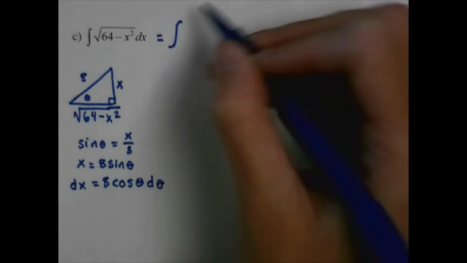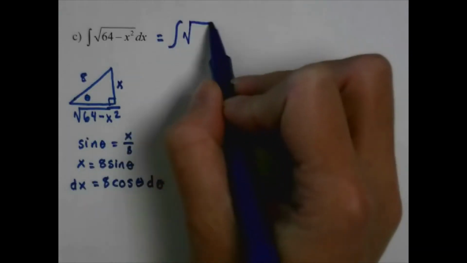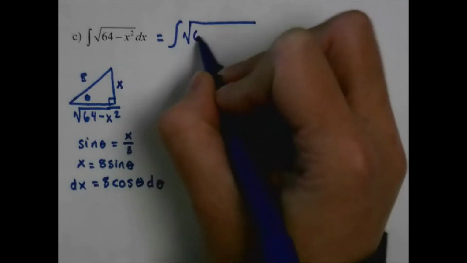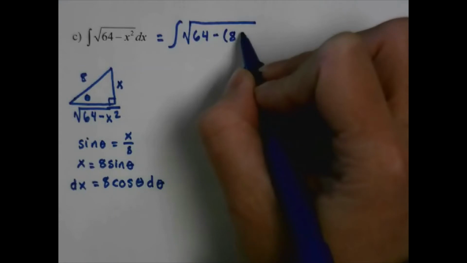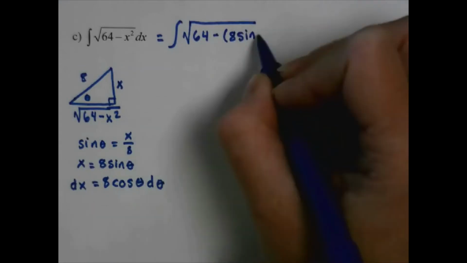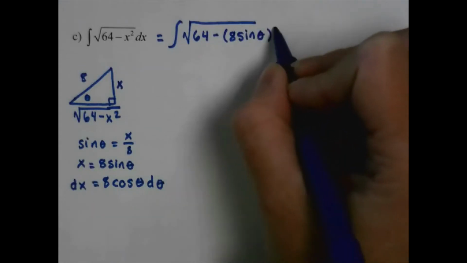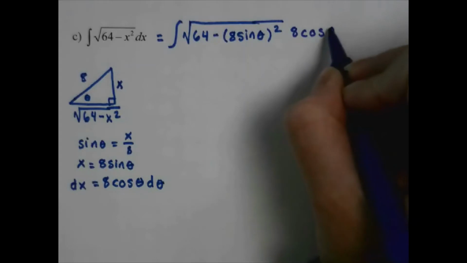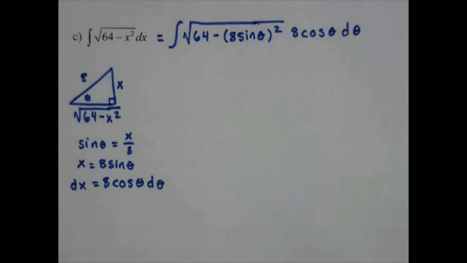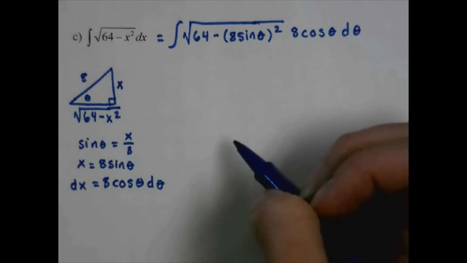So this is going to be the integral of the square root of 64 minus (8 sine theta) squared times 8 cosine theta d theta. Okay, so now we just start simplifying until we get something that we can integrate.